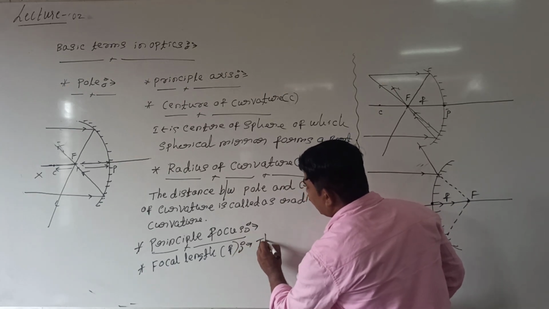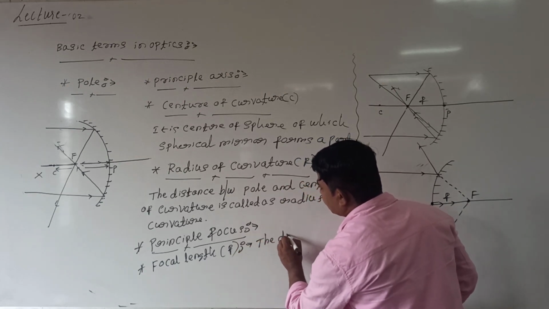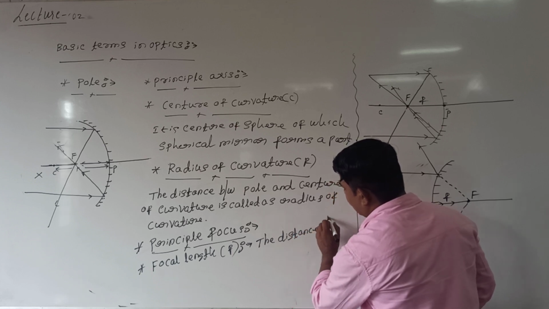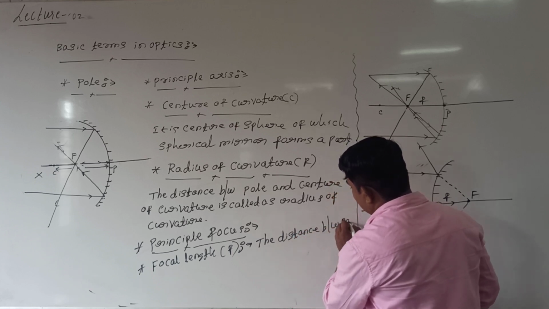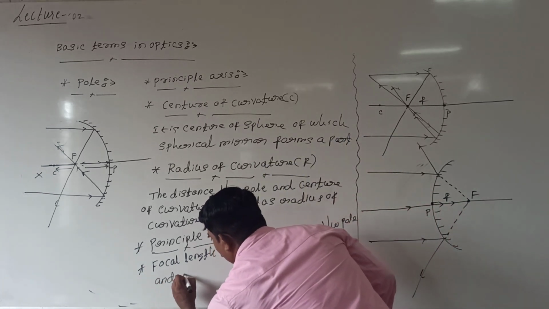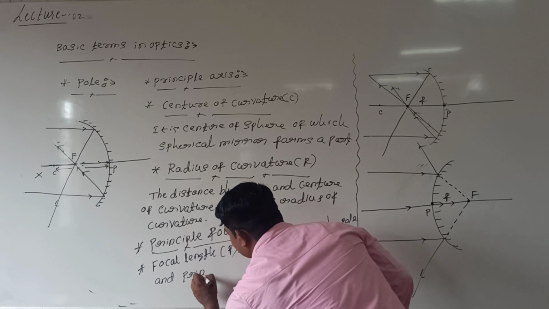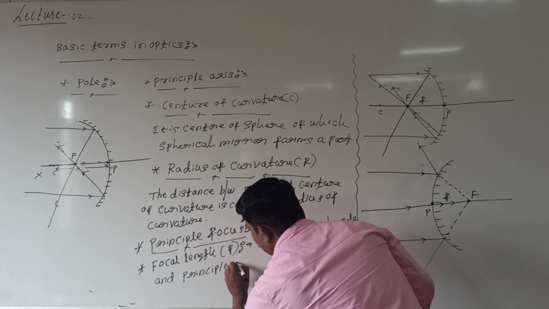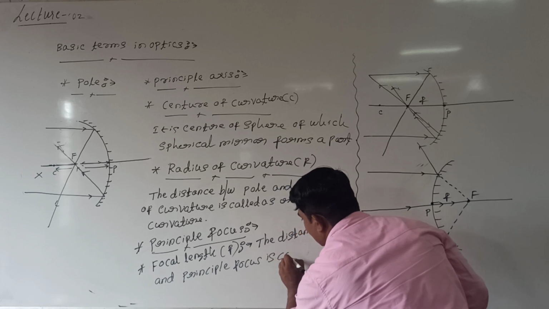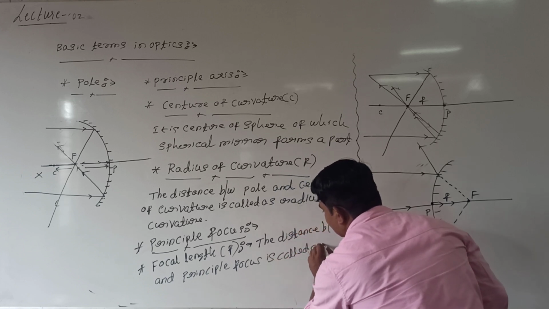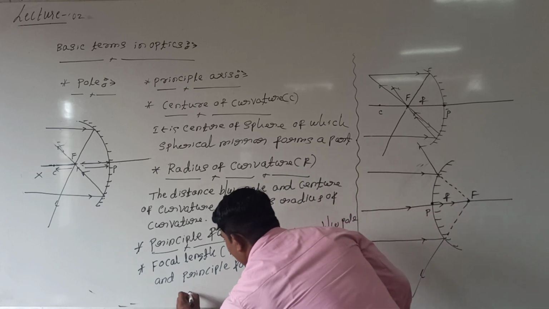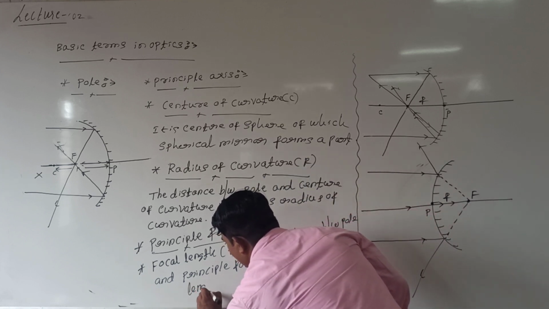The distance between pole and principal focus is called the focal length.